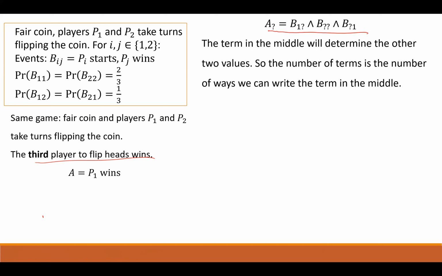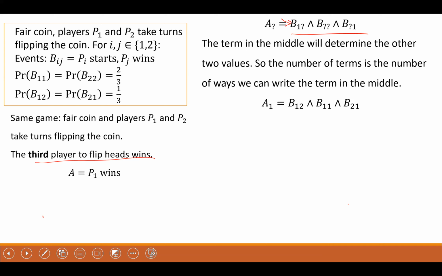So my event A is that player one wins, and I can break it into sub-events depending on who wins the first and second games. As long as player one starts the first game and player one wins the last game, then I can express all of the outcomes as the intersection of these three events. Right?